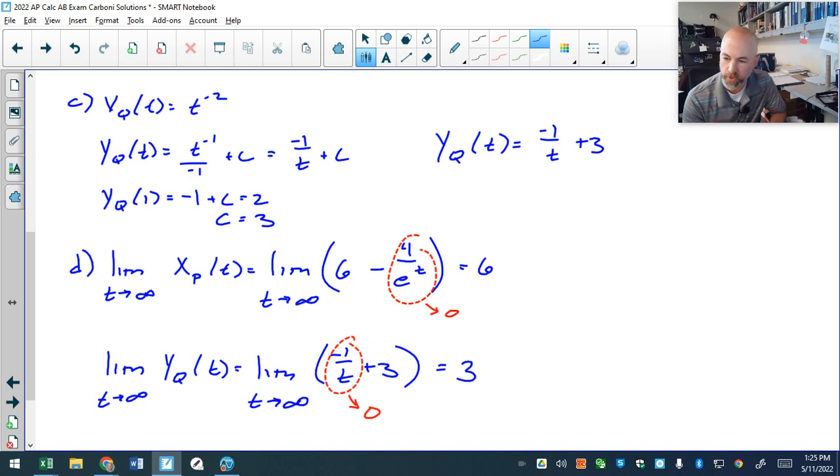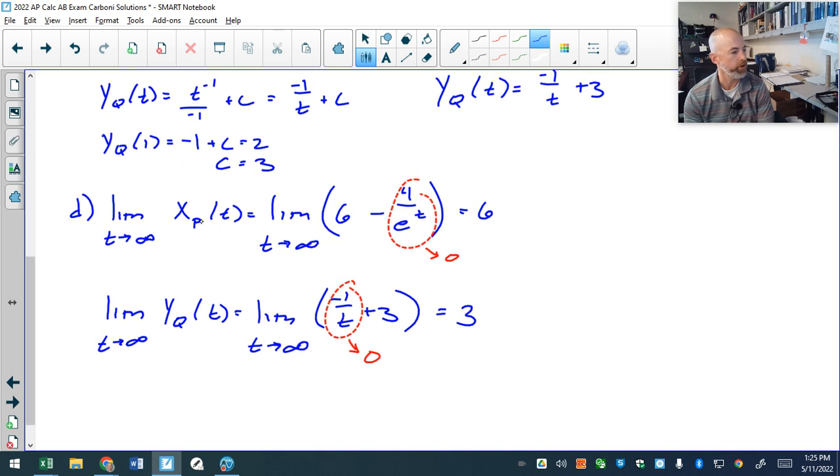And so we were looking for which one will be furthest from the origin. And I will say that particle p is going to be further because it is approaching a point that is 6 units to the right, while particle q is approaching a point that is 3 units above. So particle p will be further.